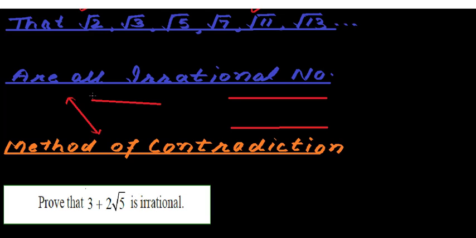Let this line be, I am repeating once again, this line P, this line Q. If P and Q are not parallel, means they are intersecting. If line M and N are not intersecting lines, means these are parallel.